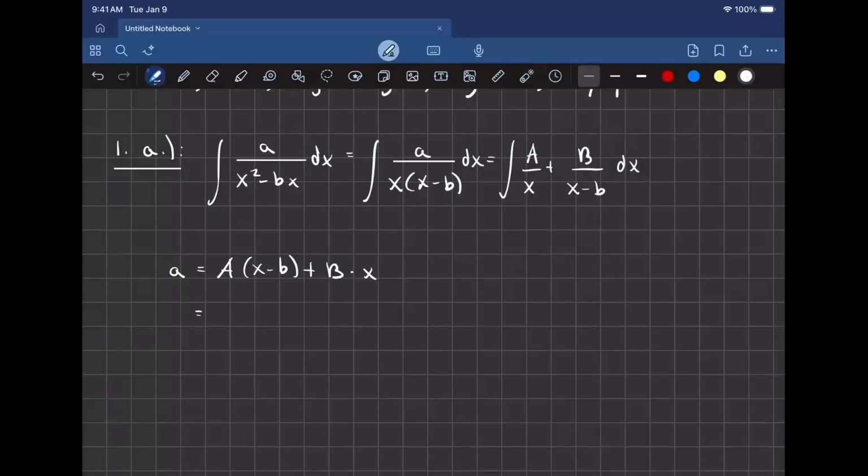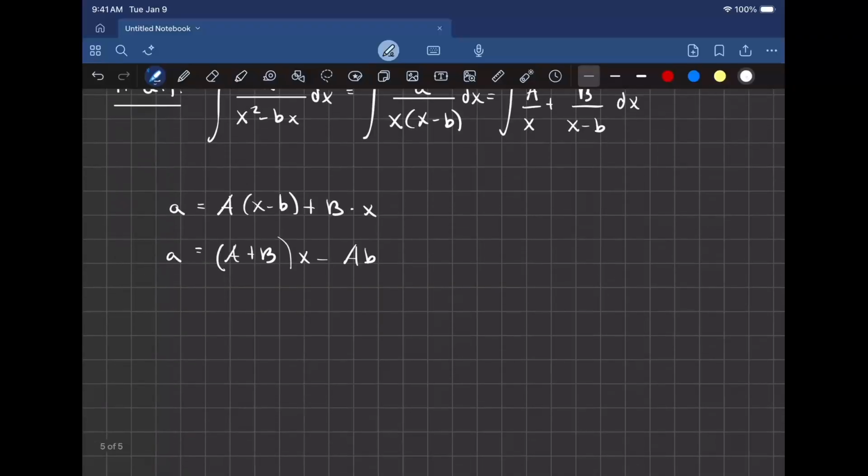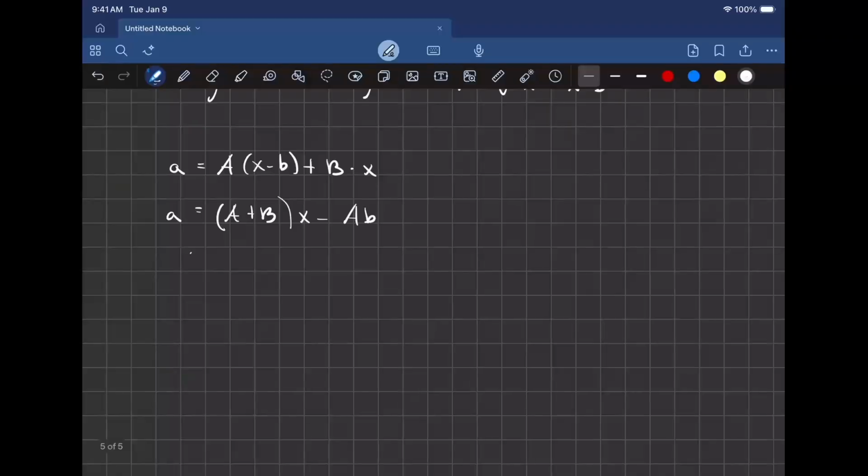So we can expand this a little bit. We'll have A plus B all times x minus AB. This is a nice little factorization. And we can solve for our coefficients. So if I let x equals 0, so we'll have A plus B equals 0.